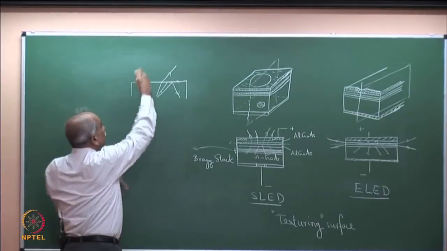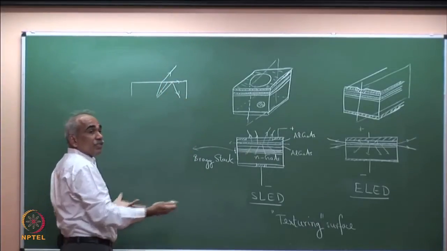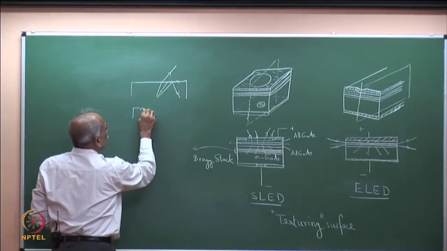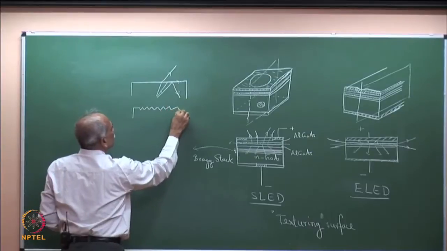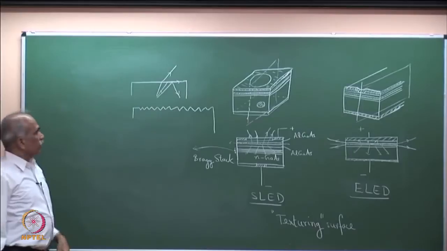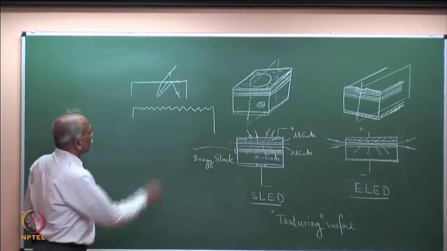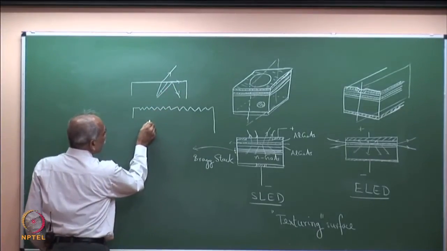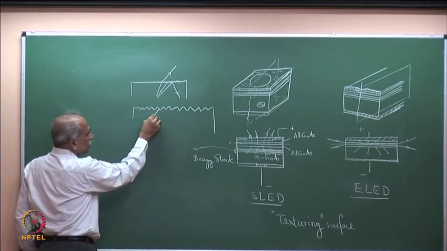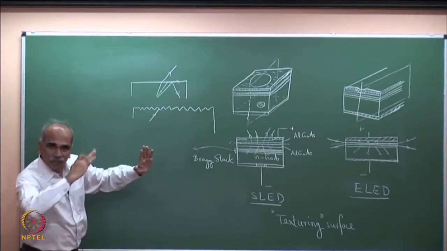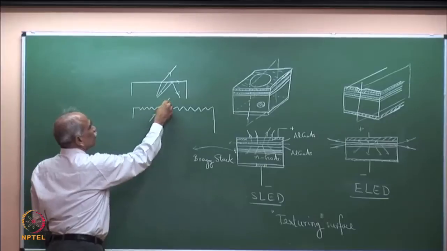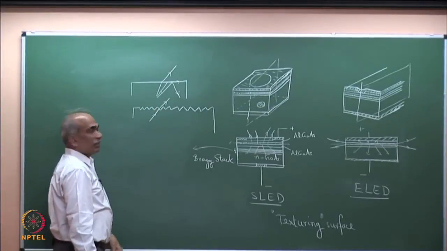Suppose I damage the surface, I deliberately make the surface uneven, I am just exaggerating. Let us say I have a surface which is like this. In this case, this is not true, because a ray of light in this particular case, see here, is hitting this interface not at the critical angle, because the surface itself is like this, and therefore, this can simply pass through.